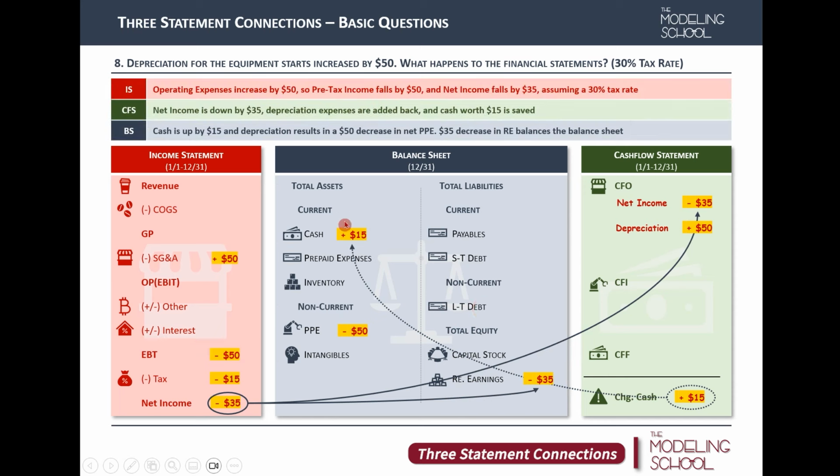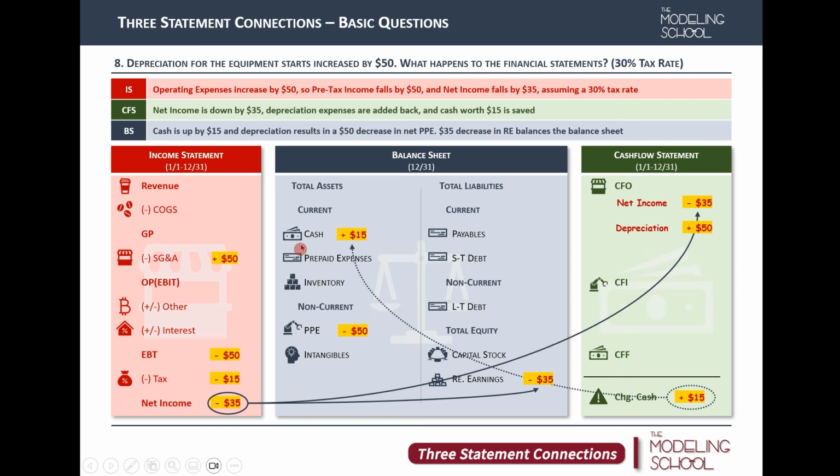To sum up, operating expenses increased by 50, whether it's COGS or SG&A. Pre-tax income falls by 50 and net income by 35, assuming a 30% tax rate. Net income is down by 35, but depreciation expenses are added back, so cash worth 15 seems to be saved.